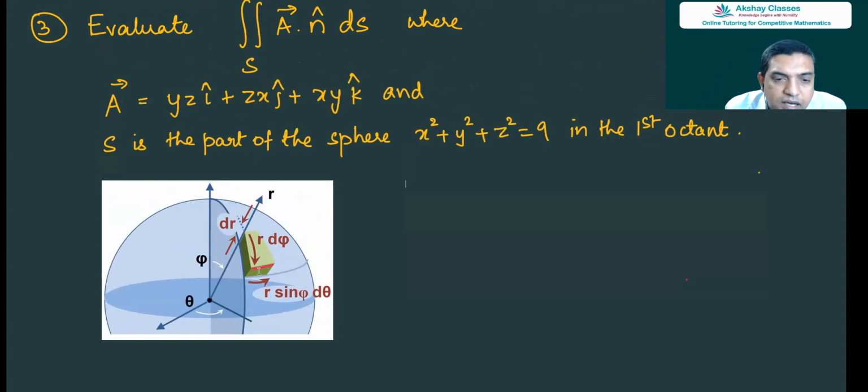This is r d theta. How did we get r sine phi here?